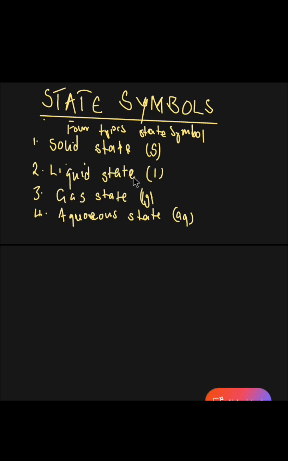So how do we use these state symbols in chemical equations? The first example that we are going to look at is if you have sodium that is reacting with hydrochloric acid.